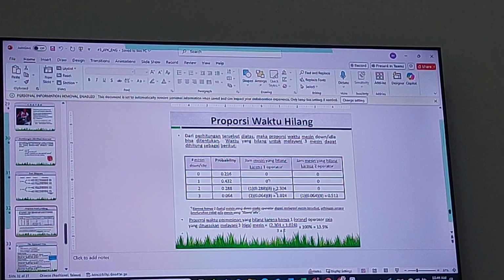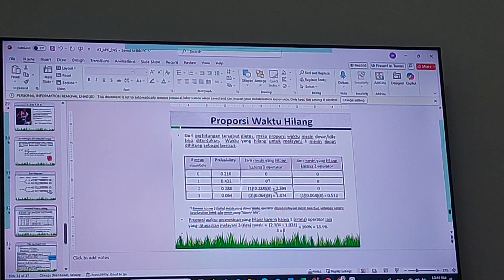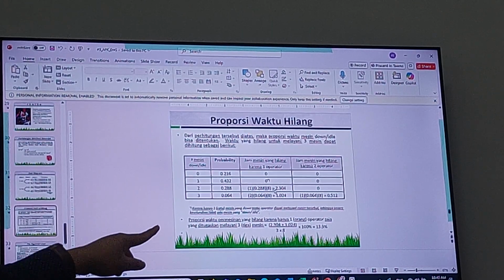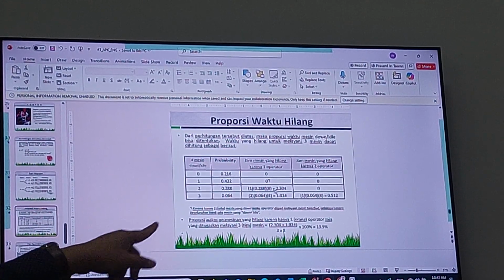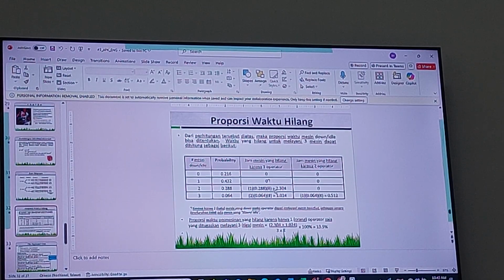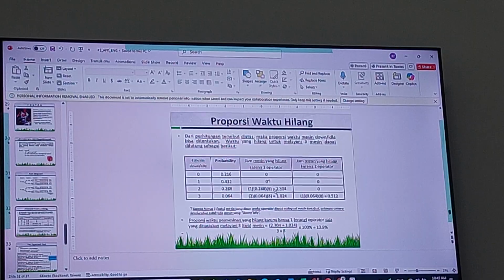Then 2 operators help 2 machines, so we have only 1 machine idle or down. That's why 1 multiplied by 0.064 multiplied by 8. If we have 3 operators, I think 0, because all of the operators handle 3 machines.